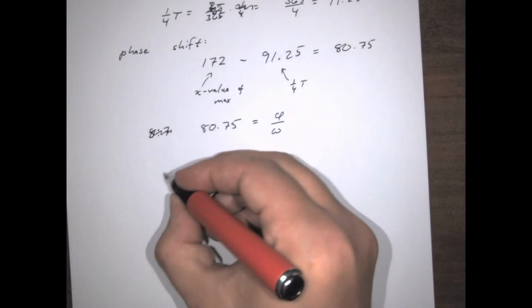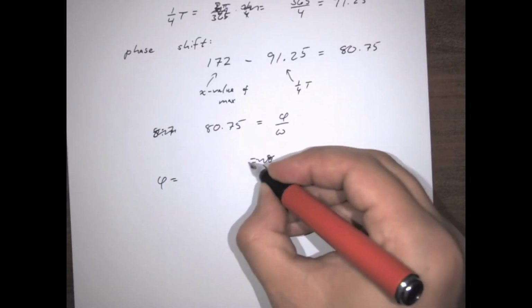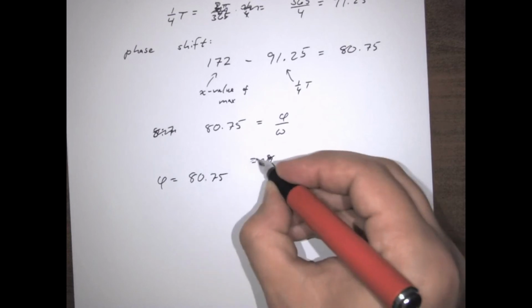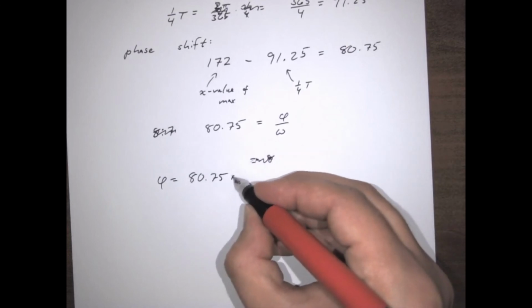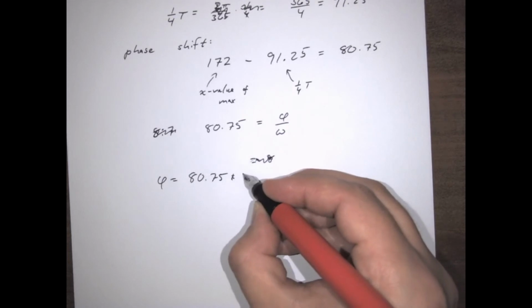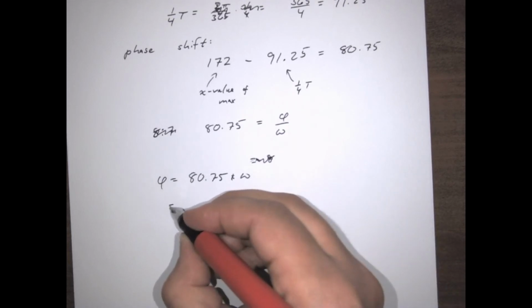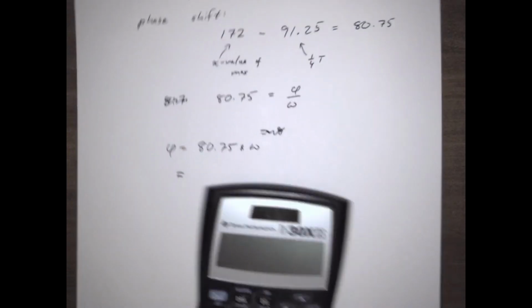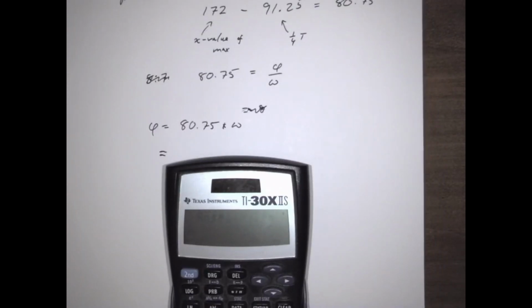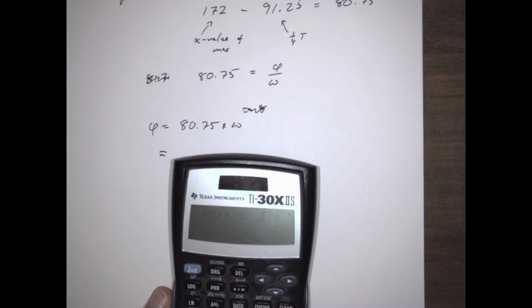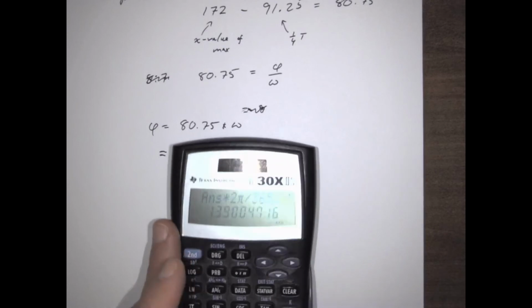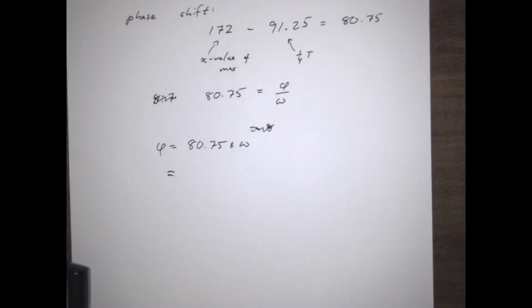So phi will be equal to 80.75 times omega, which would be approximately equal to, so 80.75 times 2 pi divided by 365, which is 1.3900.